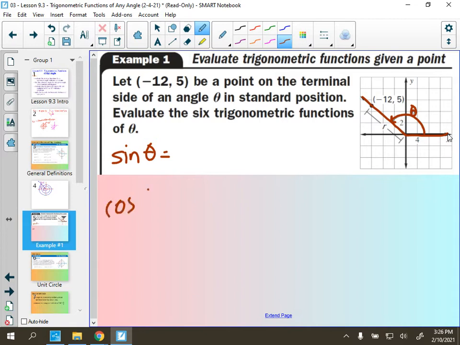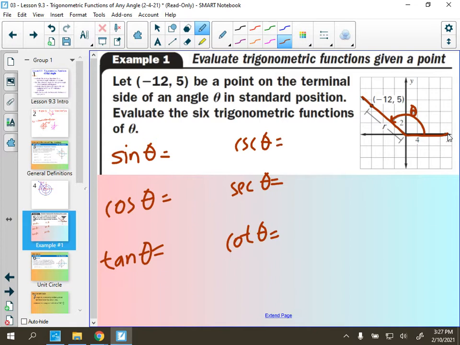What's the cosine of that angle? What's the tangent of that angle? And this should sound familiar. We did this way back in 9.1. And then their partners: the cosecant of that same theta, the secant of that theta, and the cotangent of that theta.